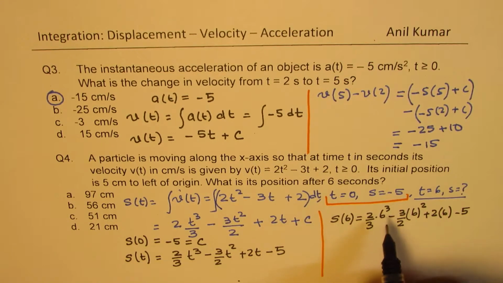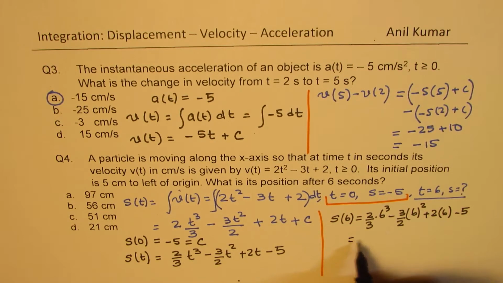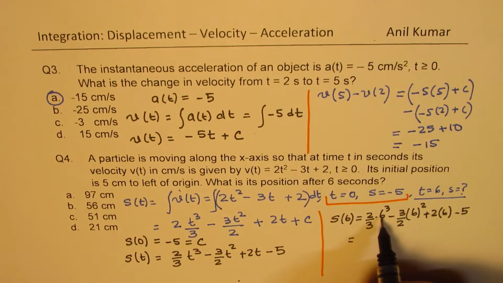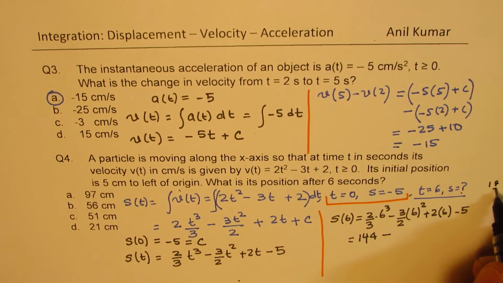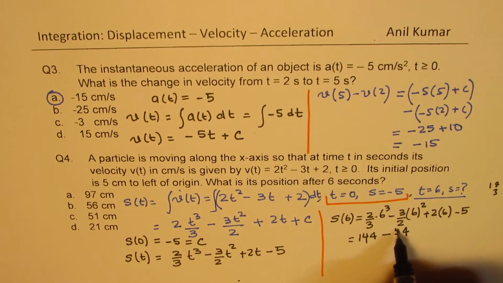Otherwise, 6 square is 36, times 2 is 72, and 3 goes into it, so 72 and 2 is 144, correct? So we get 144 here, minus 6 square is 36, half of 36 is 18, and we have to multiply 18 by 3. 3 times 8 is 24, so we get 54 here. Plus 12 minus 5.